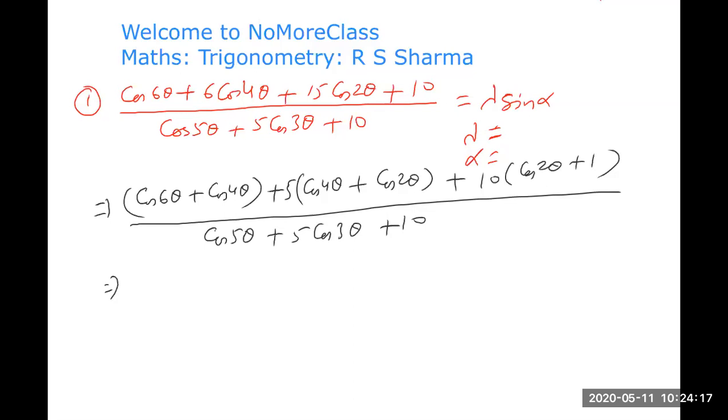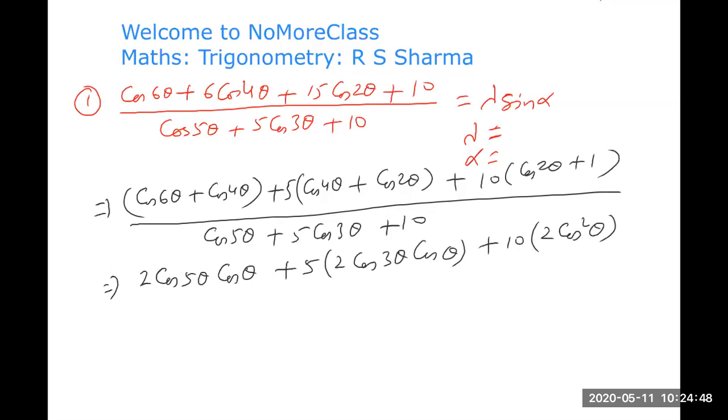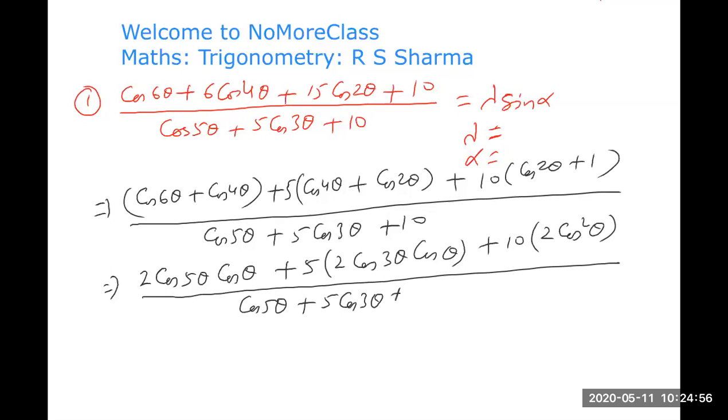So now you can write this as cos c plus cos d: 2 cos (c plus d) by 2, 6 plus 4, 10, 10 upon 2 is 5, into cos (c minus d), 6 minus 4, 2 by 2, theta. Plus 5 into 2 cos, 4 plus 2, 6 divided by 2, 3 theta into cos (4 minus 2) divided by 2. Plus 10, this is 2 cos square theta, upon cos 5 theta plus 5 cos 3 theta plus 10.